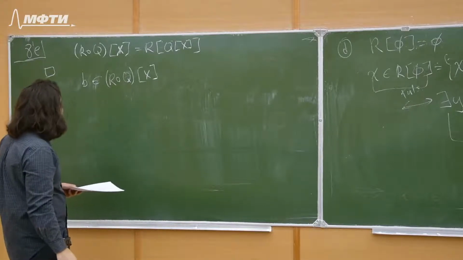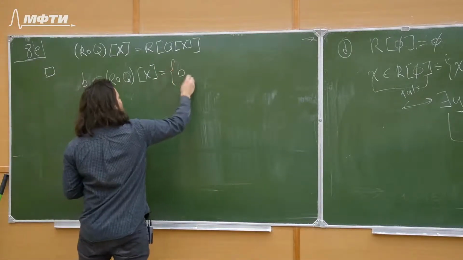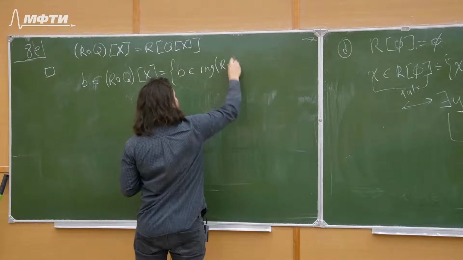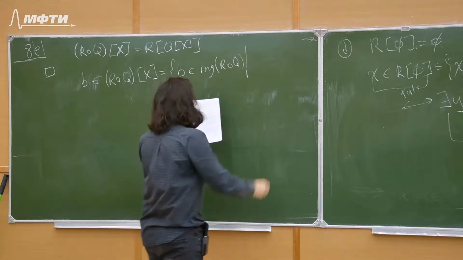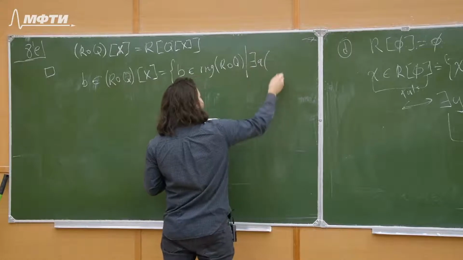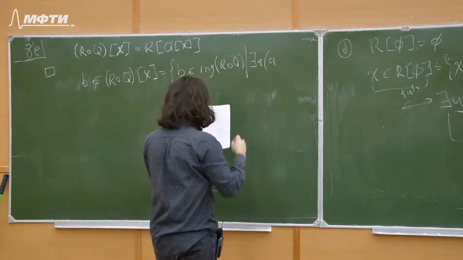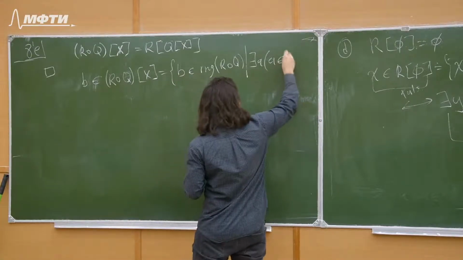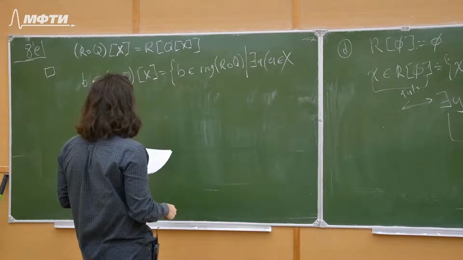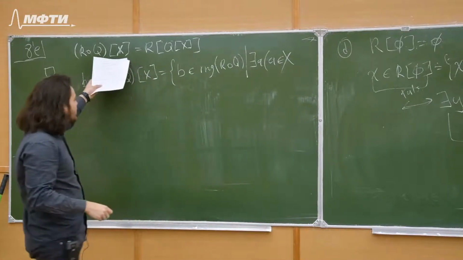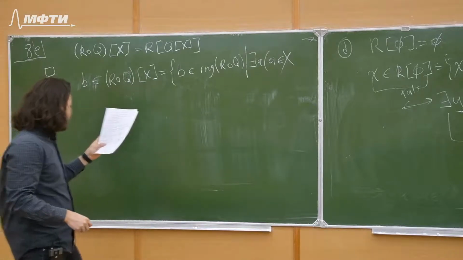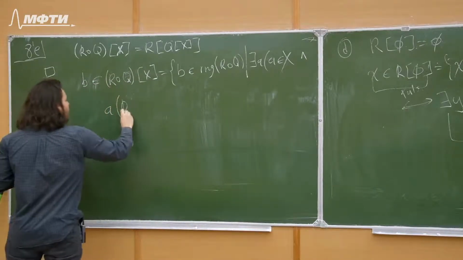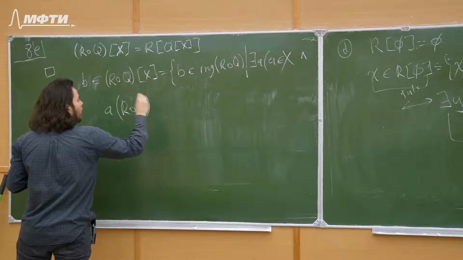And by definition, this means that B belongs to the range of R composition Q such that there exists A, and A belongs to X. We are talking about X, and this is what we change here. And A, R composition Q, B, right?